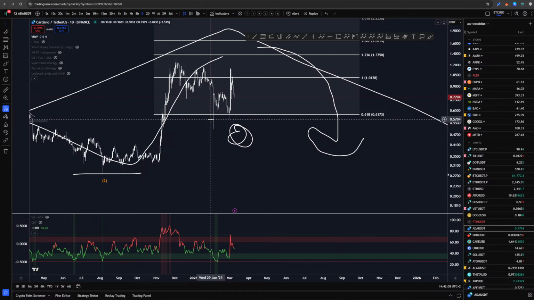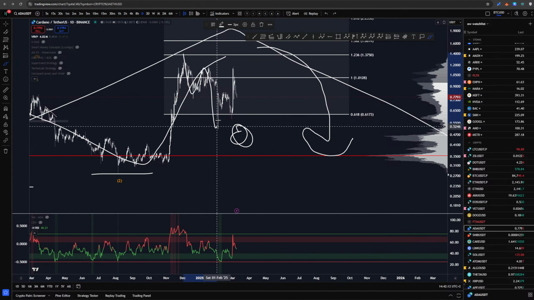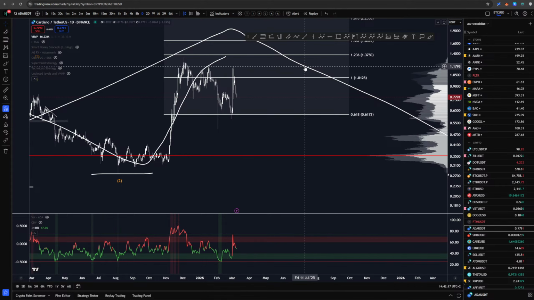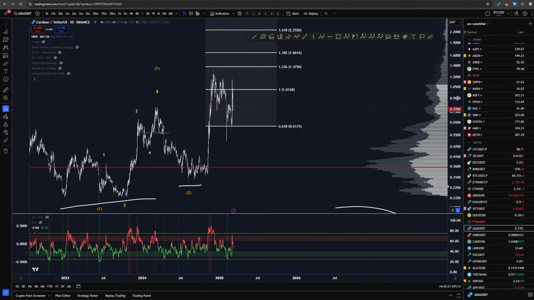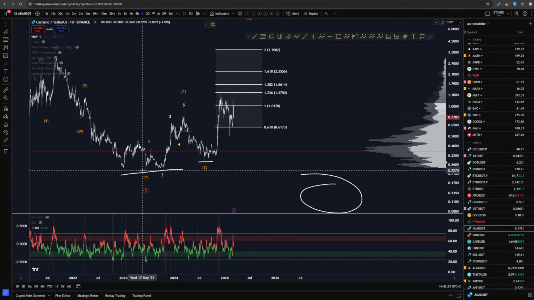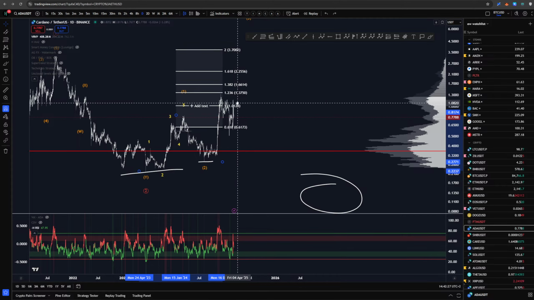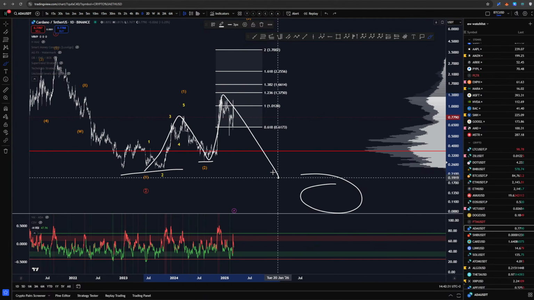ADA, like an ABC here, up. ABC up, down. Let's see, 1, 2. We have gone beyond the 1-to-1, so it's possible that this whole thing is an ABC and then we just nuke.